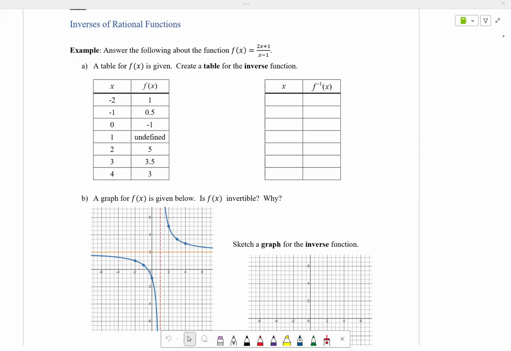Yeah, for y equals 0, we'd find the x-intercept, and if we do that, then we get... How do we solve this for y equals 0?